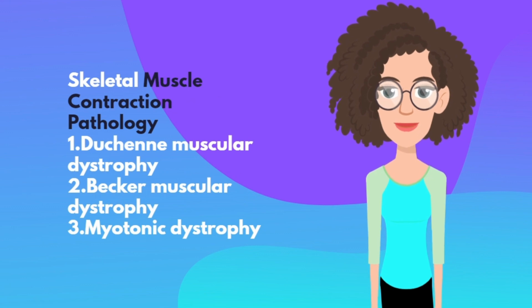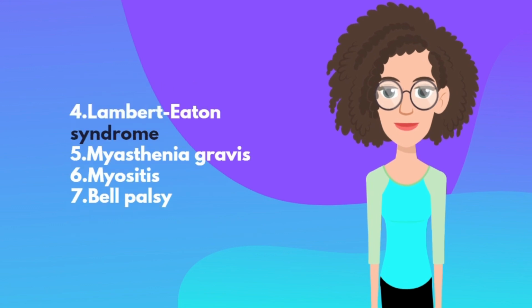Duchenne muscular dystrophy. 2. Becker muscular dystrophy. 3. Myotonic dystrophy. 4. Lambert-Eaton syndrome. 5. Myasthenia gravis. 6. Myositis. 7. Bell palsy.